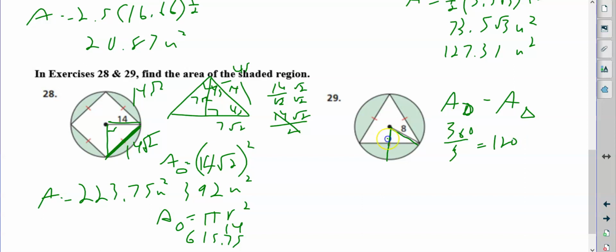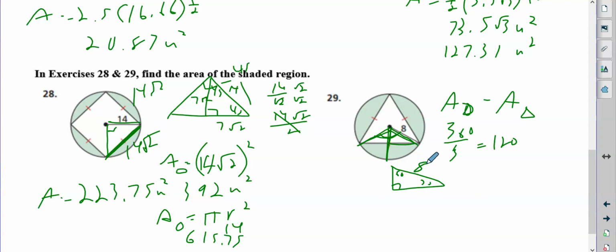Okay, so this whole thing is 120. Sorry, I got ahead of myself. That's the central angle, it's 120. So this one, for the smaller triangle, again, that's 60, which makes this 30 and 90. Okay? Which makes that 8.